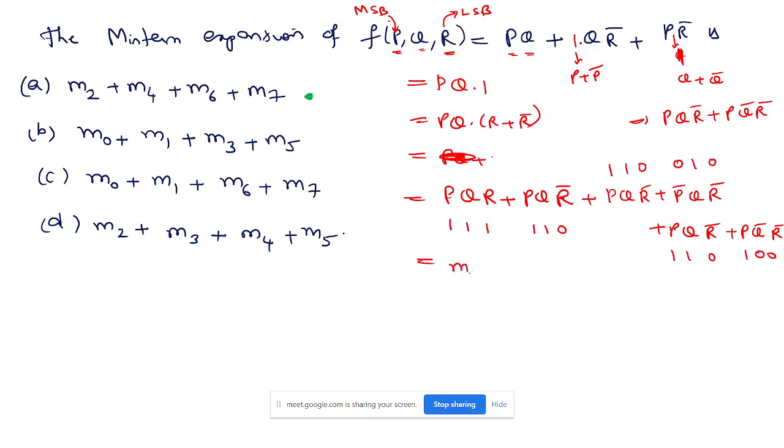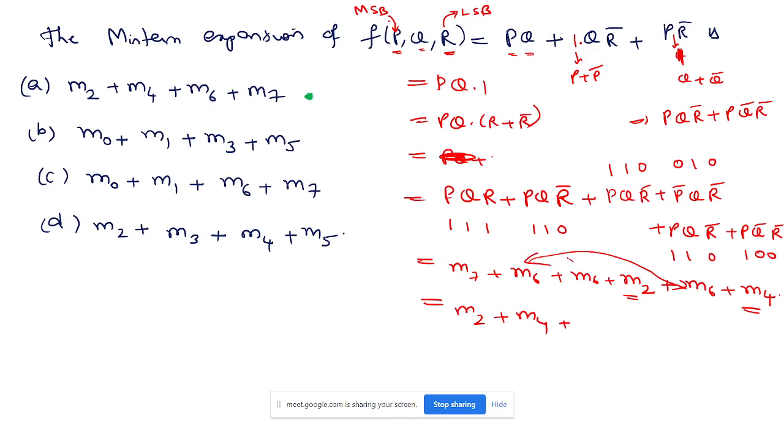It is M7 plus M6 plus M6, M2, M6 plus M4. So M2 is there, 3 is not there, then M4 is there, 5 is not there. M6 plus M6 plus M6 is all M6, right? It's our operation. Plus M7. So 2, 4, 6, 7.